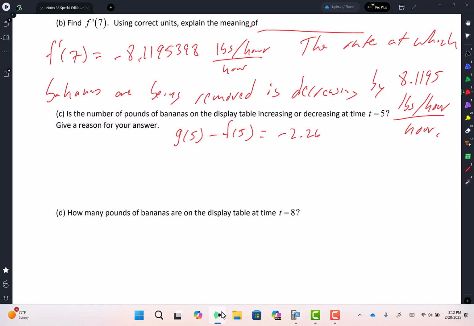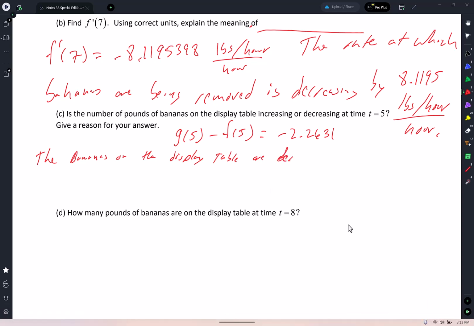Negative 2.2631. And I'm going to say the bananas on the display table are decreasing at t equals 5 since g of 5 minus f of 5 is negative.